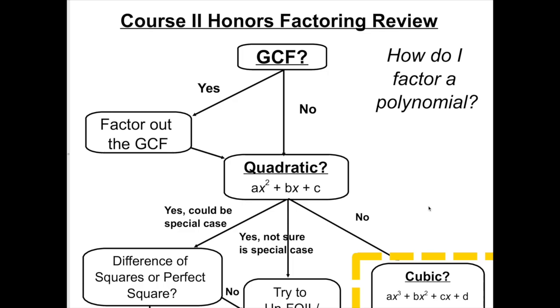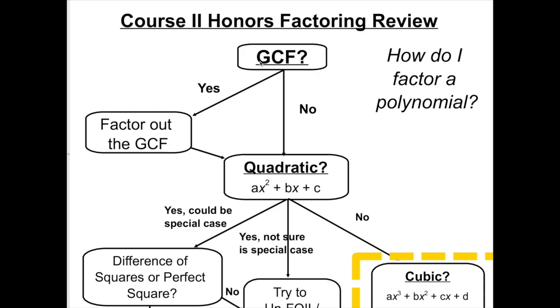Okay, so I thought I would start by breaking down the mindset that we want to go through when we're looking at any kind of polynomial. The first thing we always want to do is see, is there a GCF that I can factor out? Is there something in every single term of the polynomial that can first be removed to make the polynomial simpler?